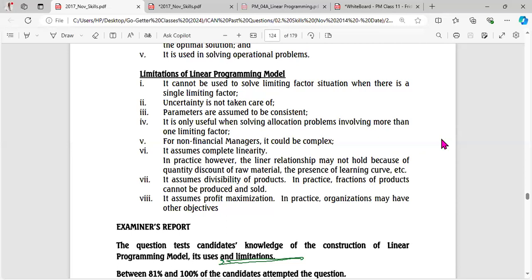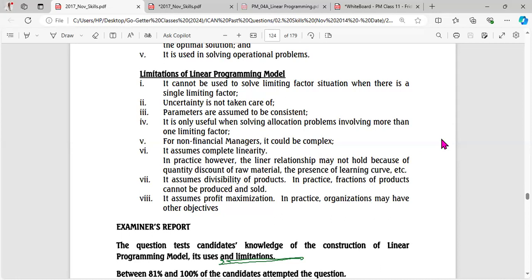It could be gaining market share, even if they make a loss. So not only profit should be assumed in real life, but in this model, we assume that it is profit that is the objective function.